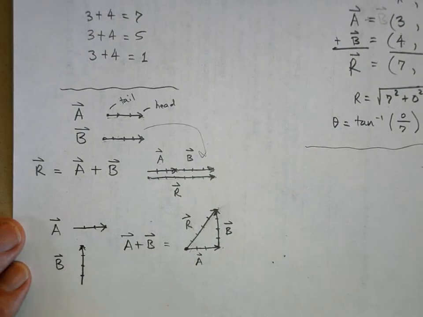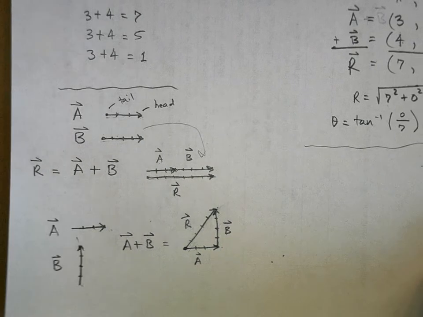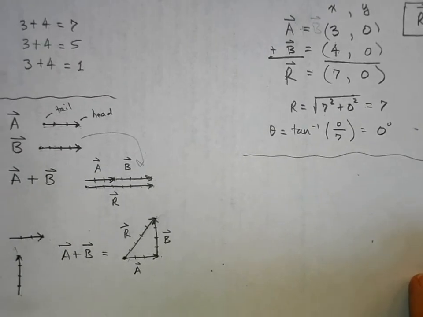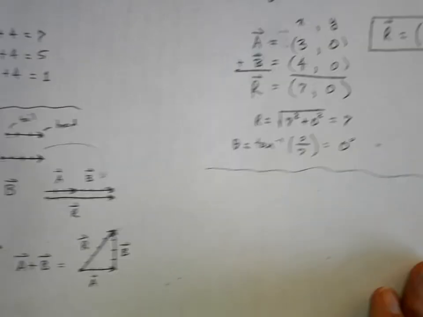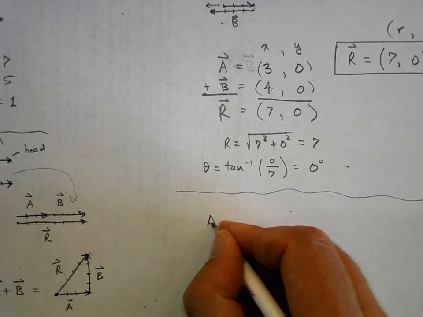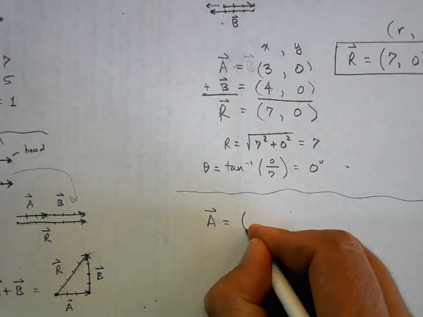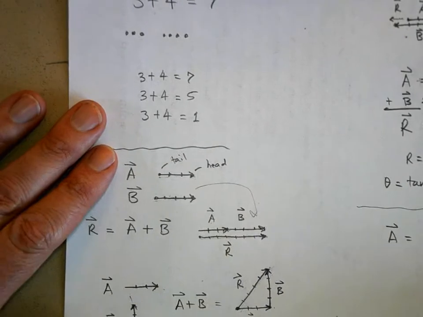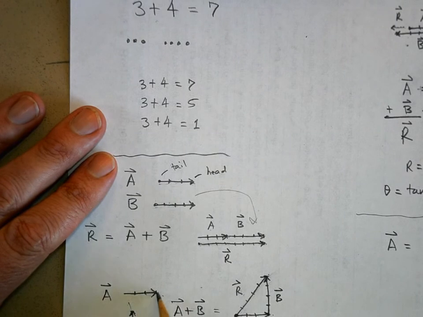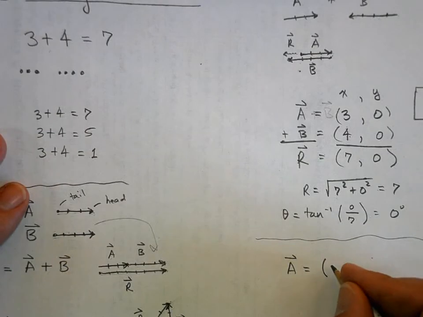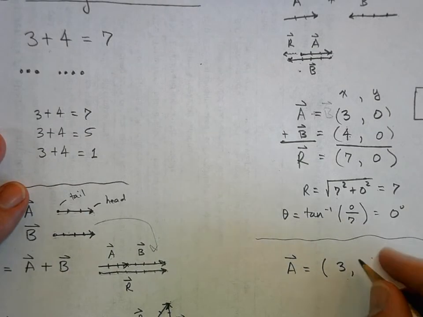Here we have A plus B, and so if I'm going to write this example in rectangular coordinates, well, what is A? Well, A, once again, if I look at it, it's 3 units long in the x direction and 0 in the y direction.